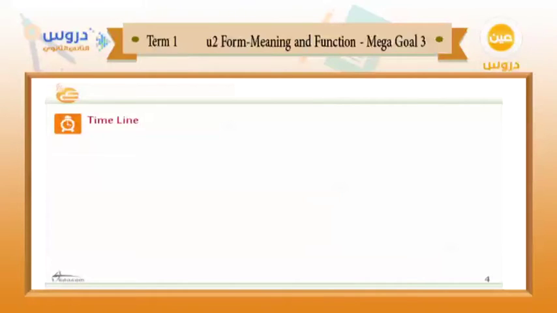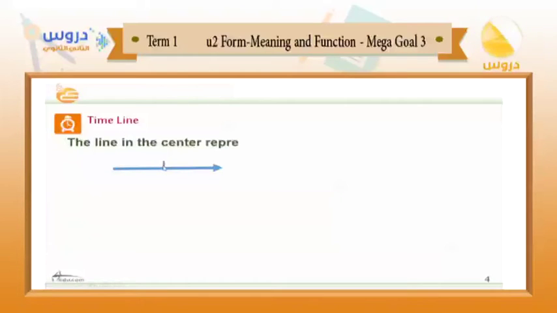Now, before we move to talk about tenses, we should know something, we call it timeline. This is timeline. And the line in the center represents now.